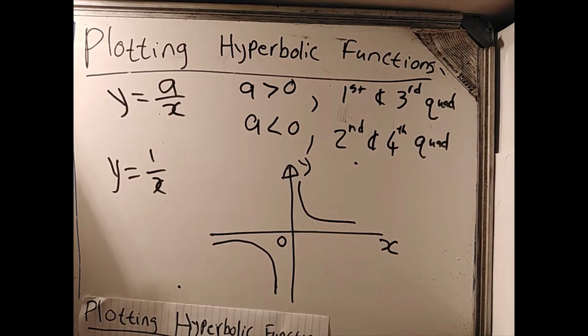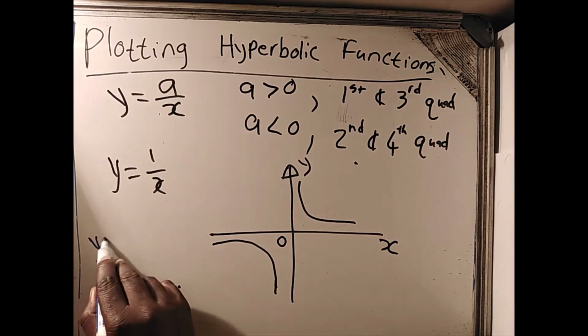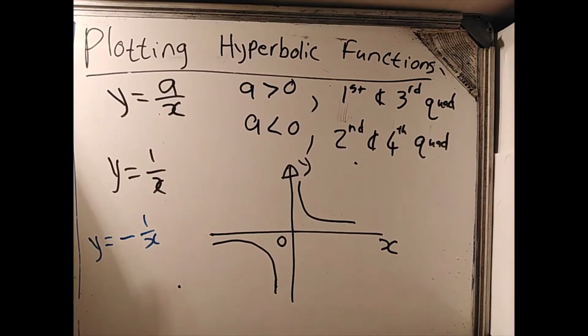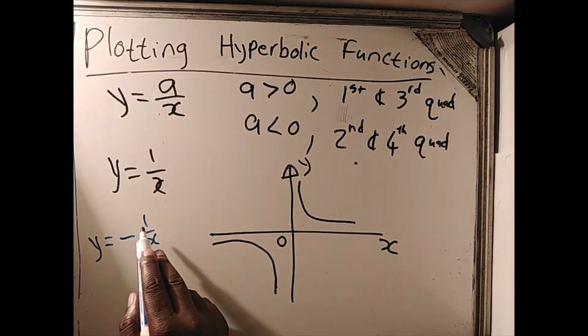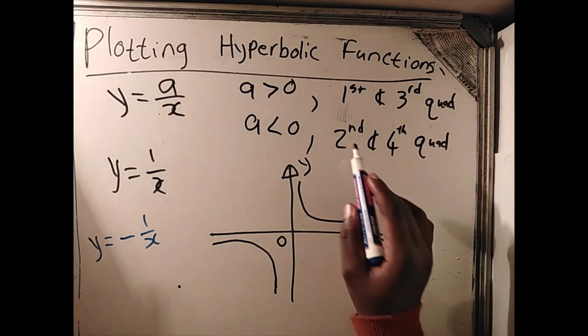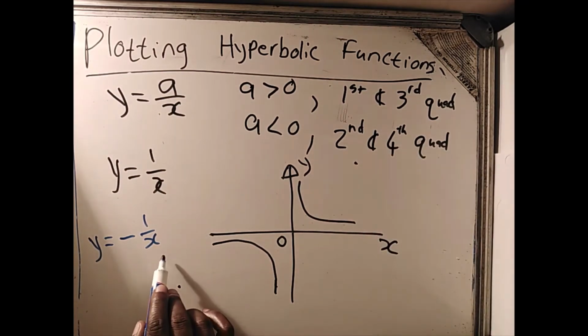But let's say now we've got a different situation. Let me use a different color so that you can see this. Let's say now you've got y, which is equal to minus 1 over x. Can you see what is the difference? The value of a, which is here, is minus 1. Minus 1 is negative. That means your graph will be on the second and the fourth quadrant. So it's going to be something like this.